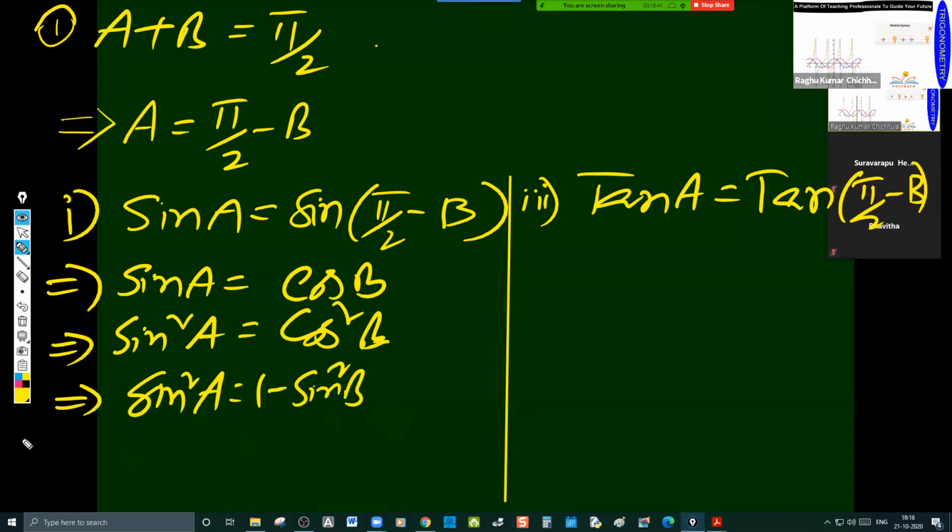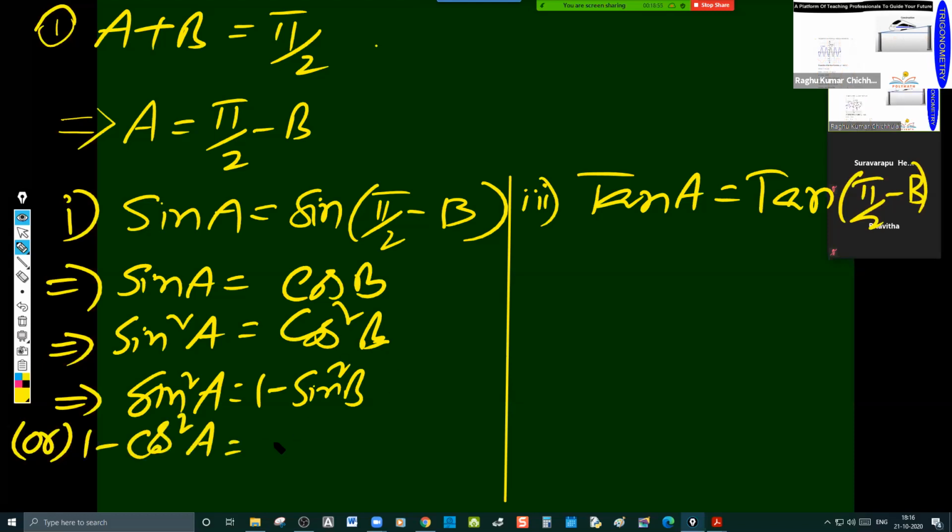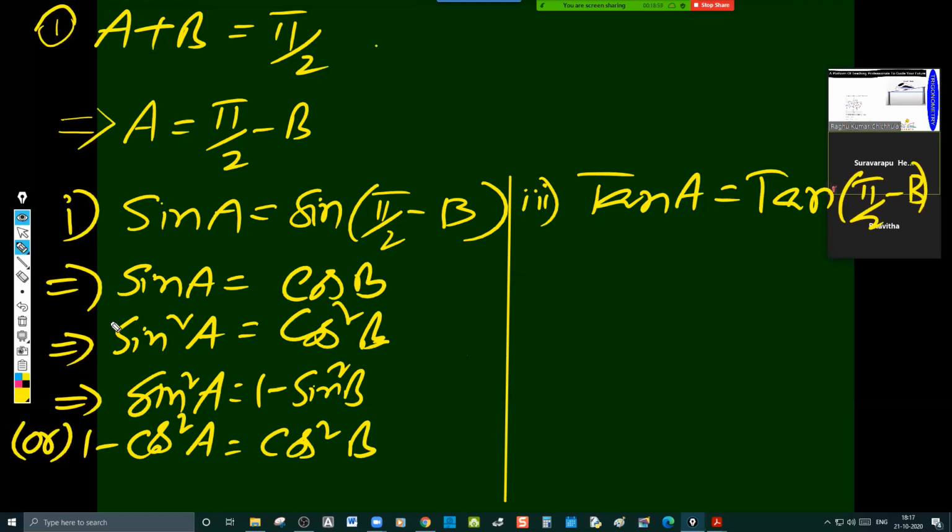Or even you can write 1 minus cos square a is equal to sin square b. Both are correct, no? So what is the final result we get from this one?